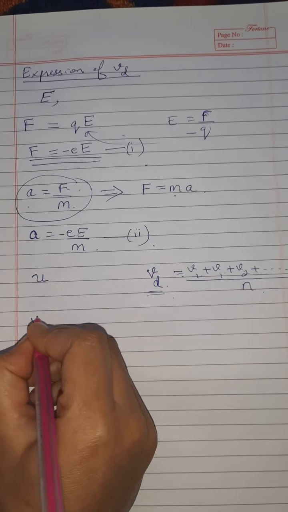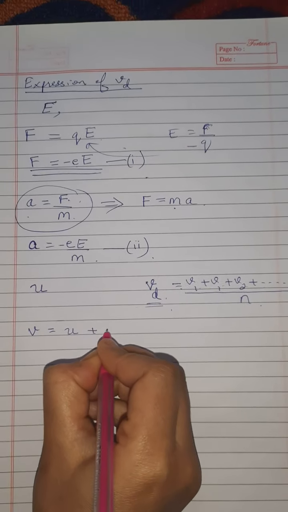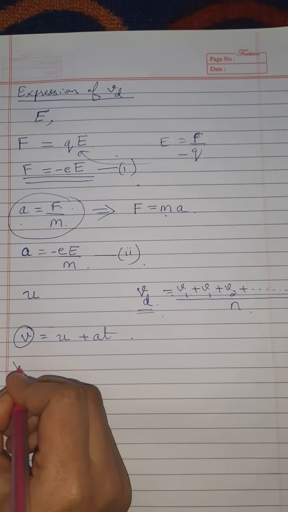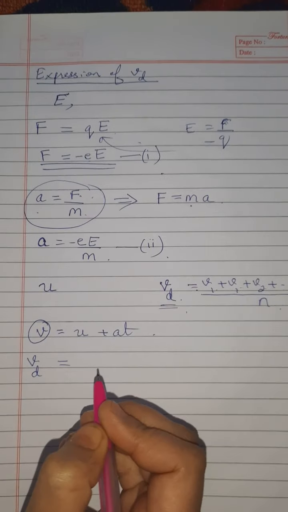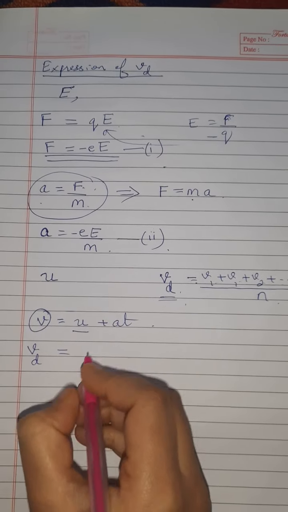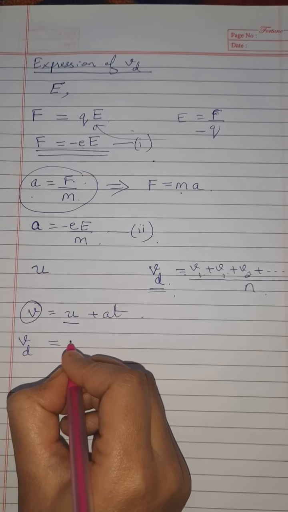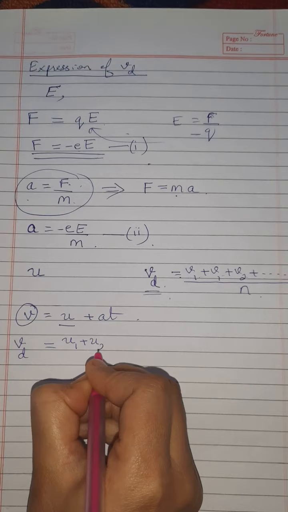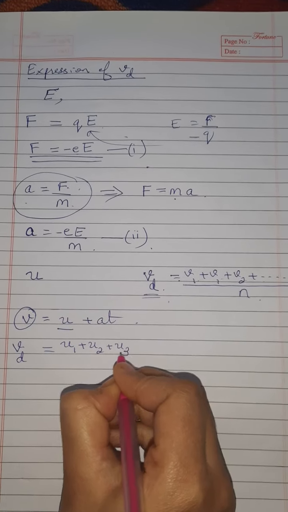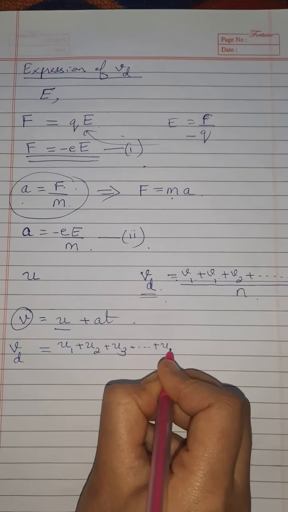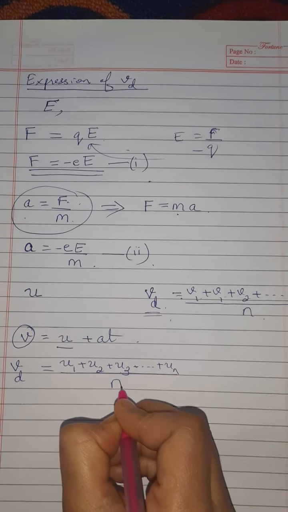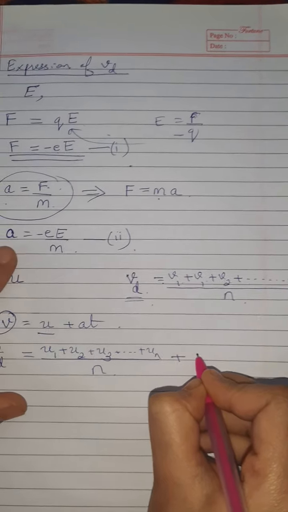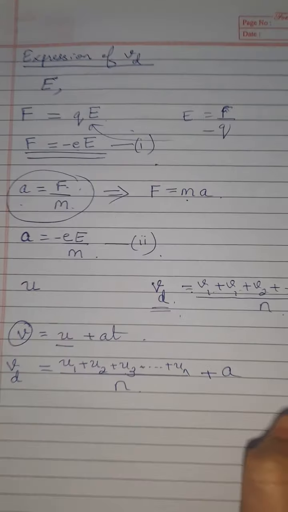The basic equation is v is equal to u plus at. Here v is the final velocity, that is the drift velocity. Average velocity is equal to u, the average thermal velocity, which is u1 plus u2 plus u3 till un divided by n, plus a, the value which we had derived earlier. Let's leave it as a only right now.